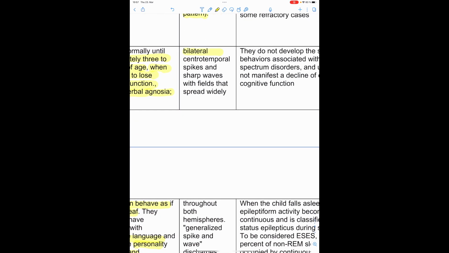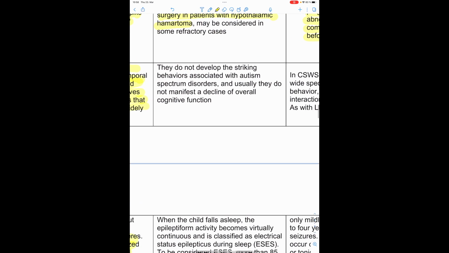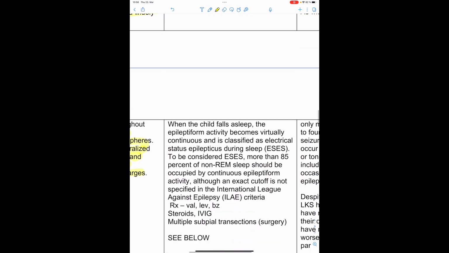Bilateral centrotemporal spikes are seen in EEG, and spikes and sharp waves with fields that spread widely throughout both the hemispheres. So spike and wave discharges are here. They do not develop the striking behavior associated with autism spectrum disorder and usually do not manifest a decline of overall cognitive function.